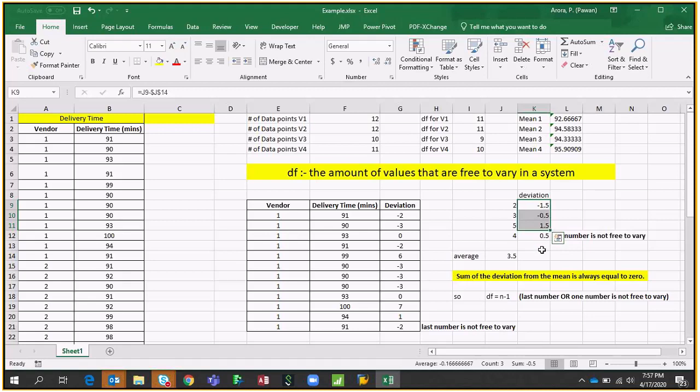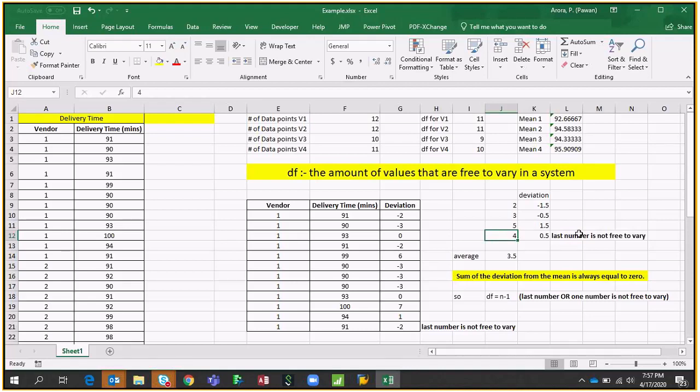So in other words, the last deviation number is not free to vary, because it's a fixed number. It can't vary because the sum of the other deviations is minus 0.5. Even indirectly, I know the deviations from the mean will always sum to 0, so the last number is not free to vary.